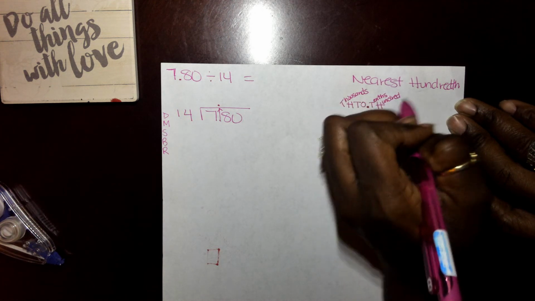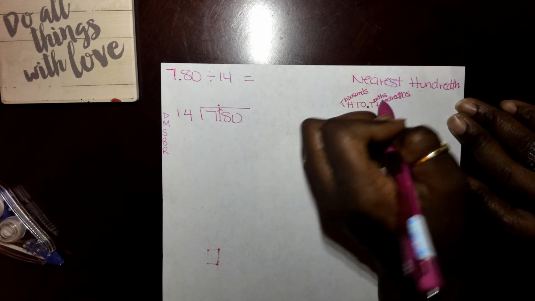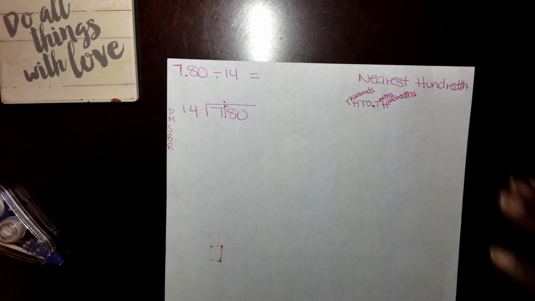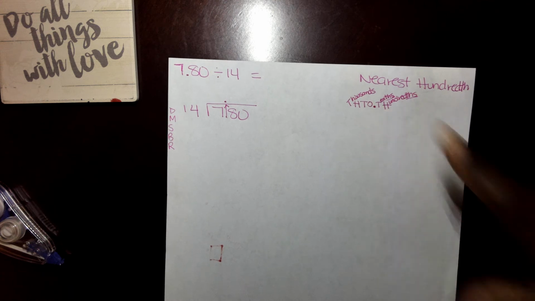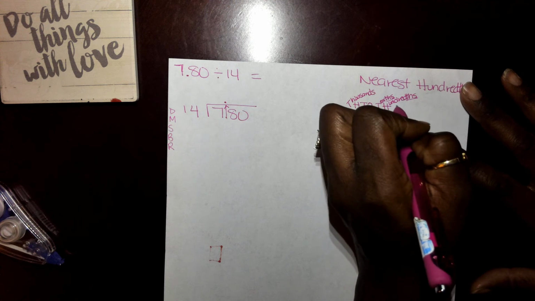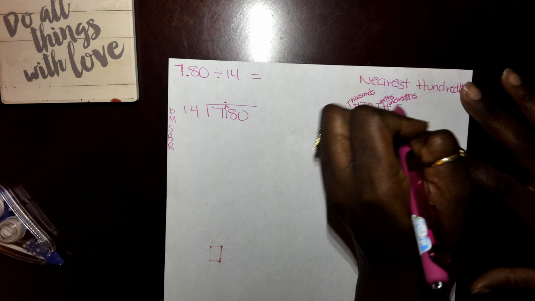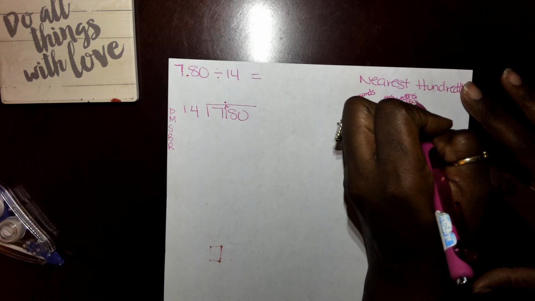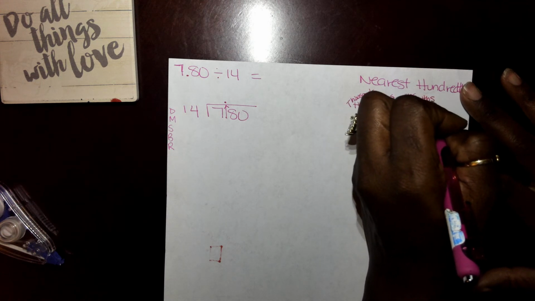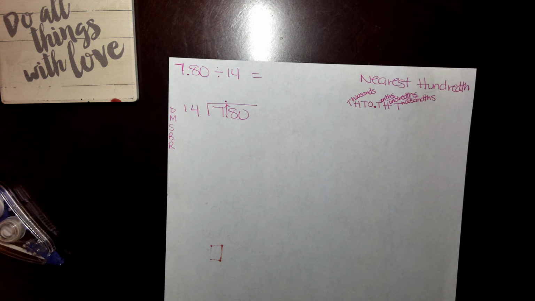So everything to the right of the decimal has a THS to let us know that it is not a whole number. It is a part of a whole number. So we have our tenths, our hundredths, our thousandths, and so forth.